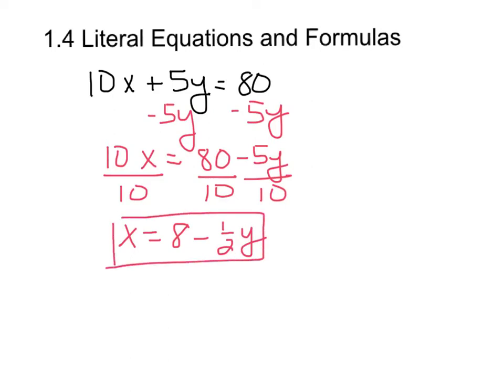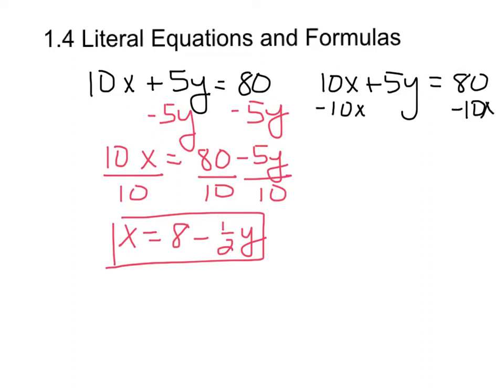Now we also can solve the equation for y. So let's take the same equation, 10x plus 5y equals 80. We want to get the y by itself, so now we're going to get rid of the plus 10x. We have to subtract 10x from both sides. That gives us 5y equals.